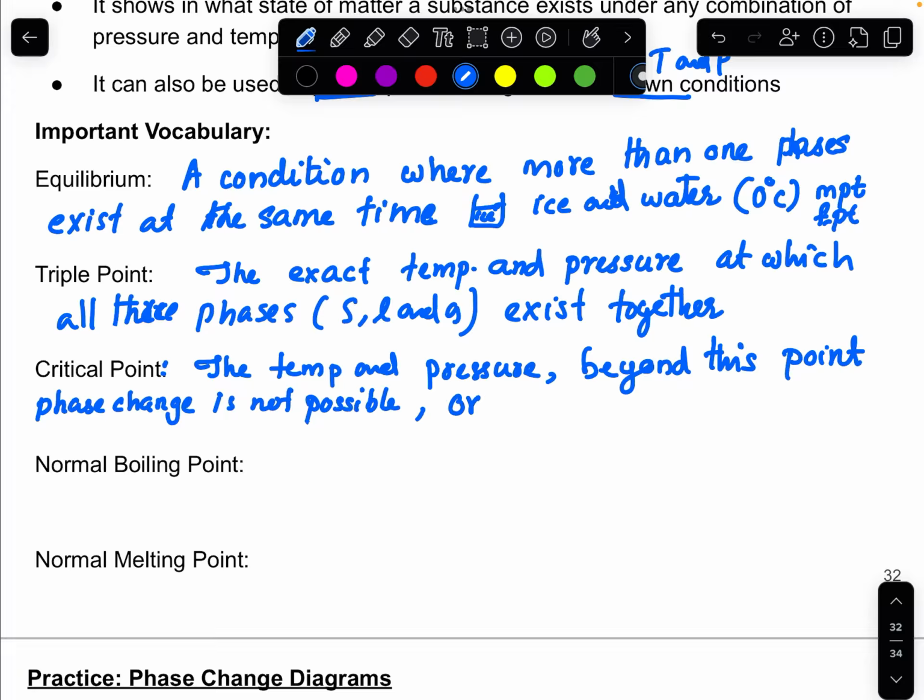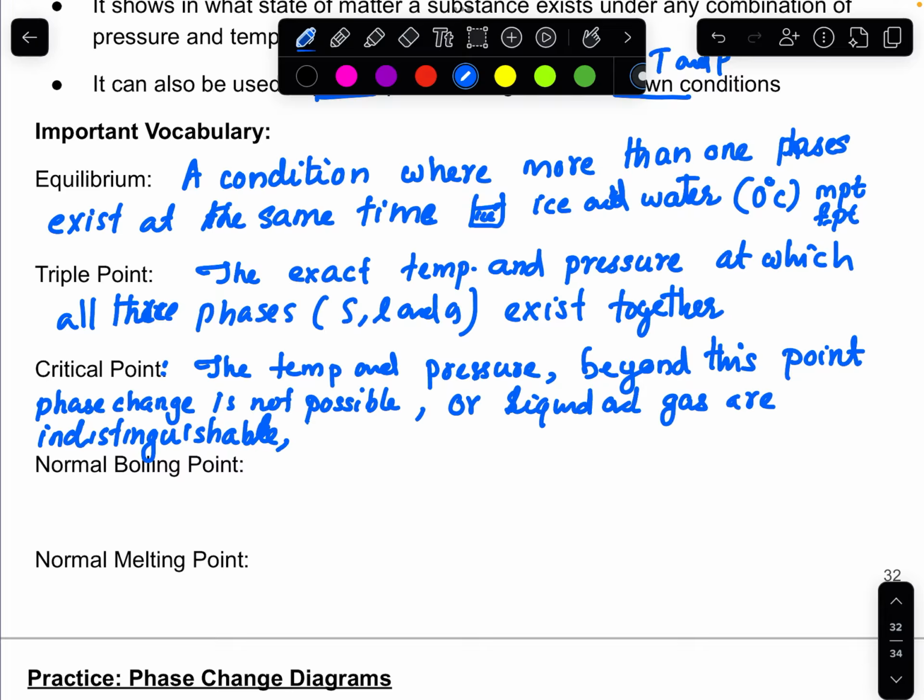Or we can say, liquid and gas are indistinguishable there. We can't say based on the property whether it is a liquid or whether it is a gas.